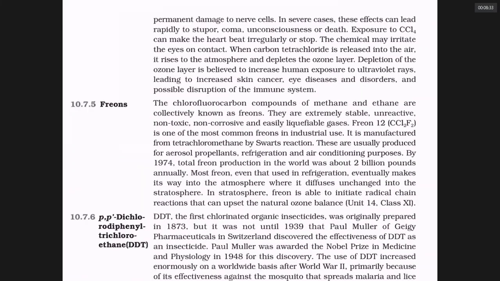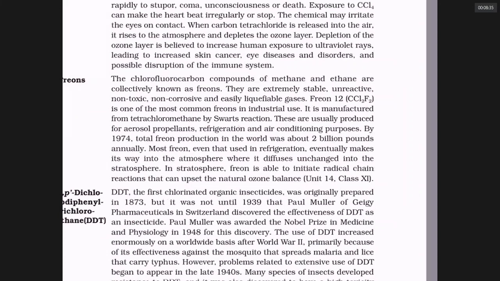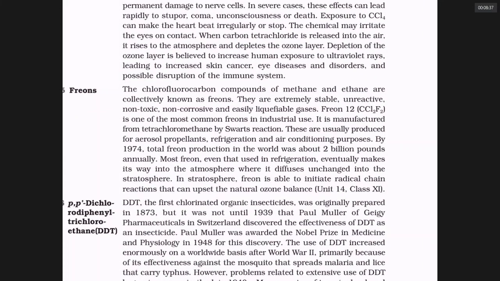Freons are compounds which have both fluorine and chlorine. They are named as freon A, B, C. If A is not specified, it means they are not telling carbon. Carbons are to be specified as number of carbons minus 1. If you say freon 012, 0 indicates that it has only 1 carbon, the 1 indicates that it has 2 chlorines, and 2 indicates that it has 2 fluorines.